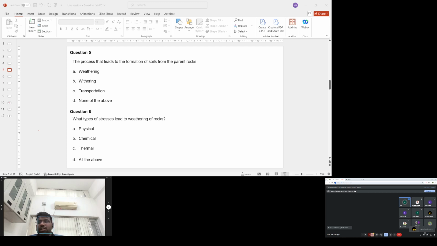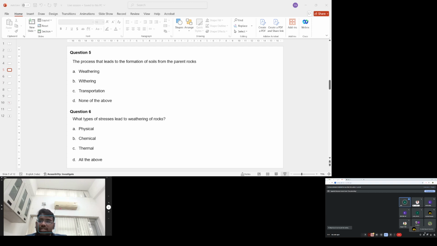So that is thermal. One more example of thermal stresses is in cold regions. If the pores of the rock contain water, the water tends to freeze. Water expands and subsequently cracks the rocks, which also leads to weathering.